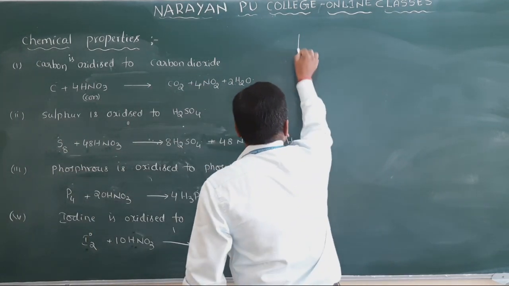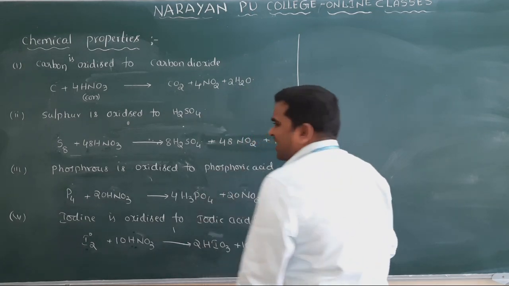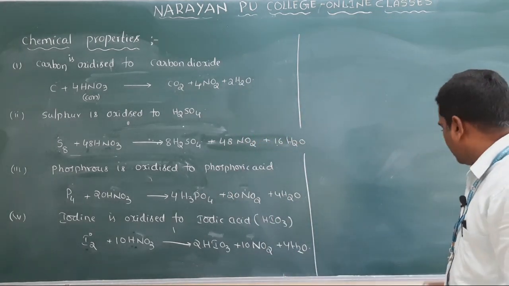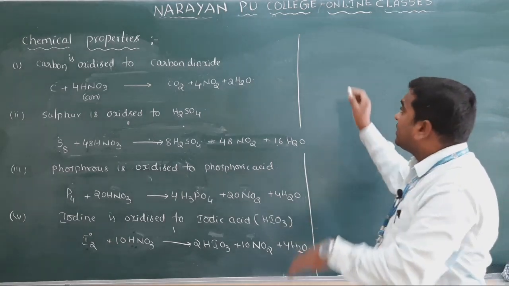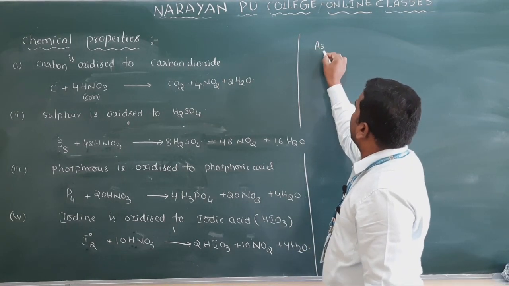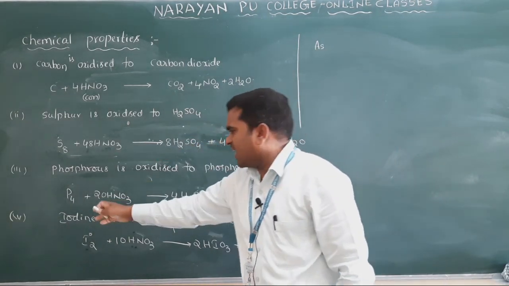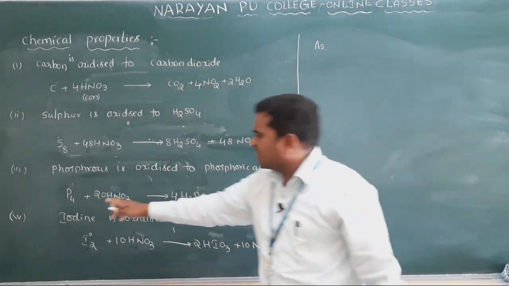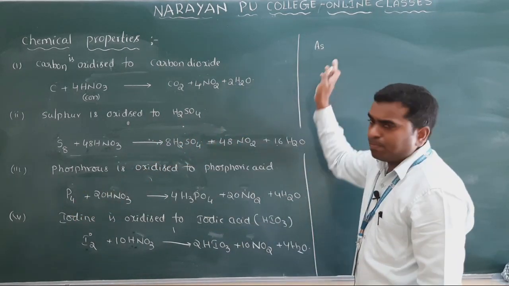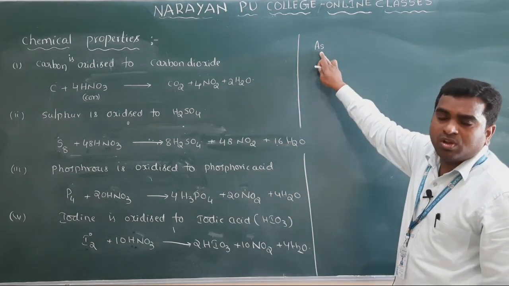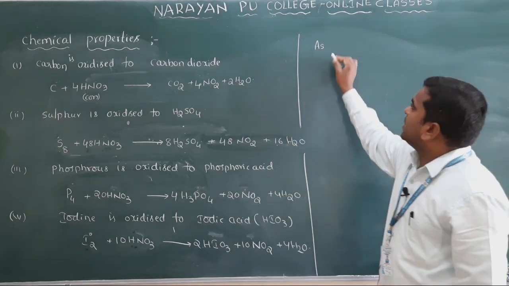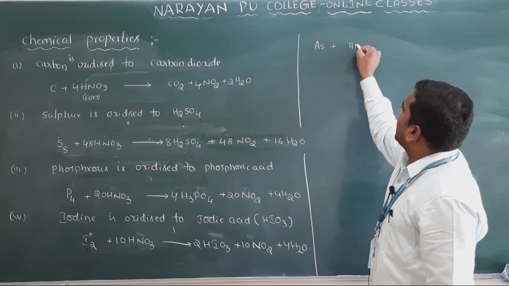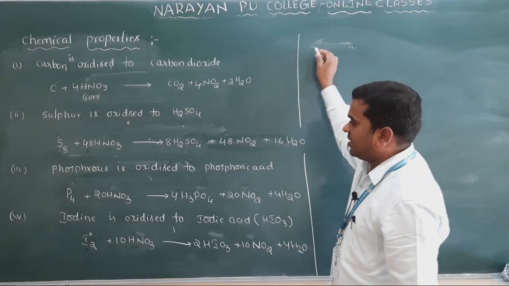In the same way, clear? Arsenic is oxidized to, you know, As4 also, because phosphorus and arsenic are in the form of P4 and As4, but here with the 4 I have mentioned, I will take simply arsenic. Arsenic is a metalloid. Clear? And treated with HNO3, means here you write the fifth one.